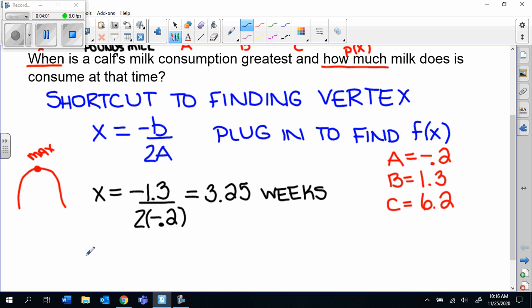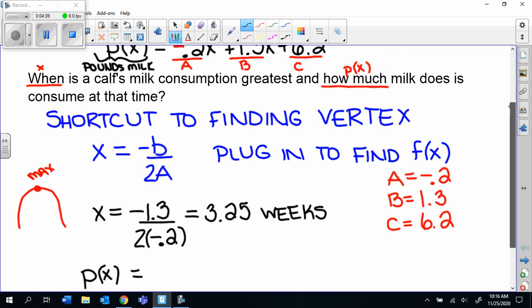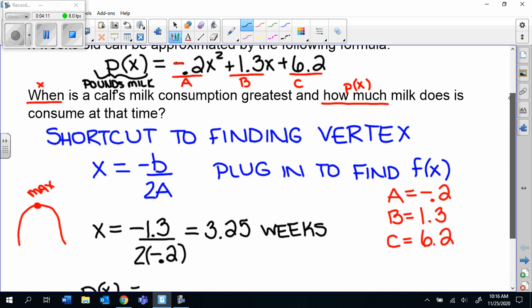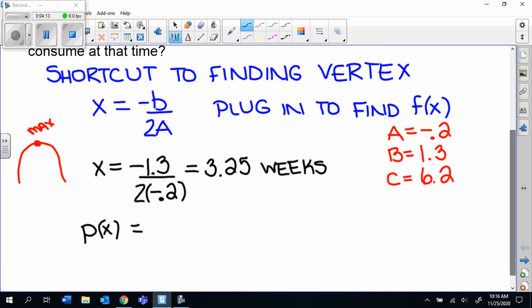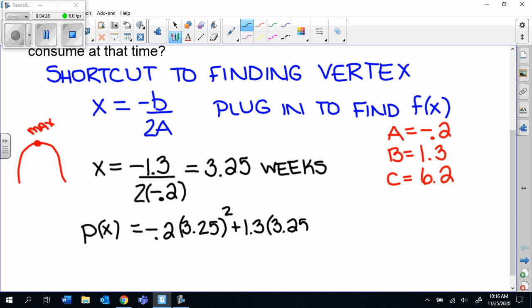And then in order to find the number of pounds of milk that calf consumes, we're going to go ahead and go back up to this original formula and plug it in. So negative 0.2, and we're going to plug in 3.25 for x squared plus 1.3x plus, I think it's 6.2.